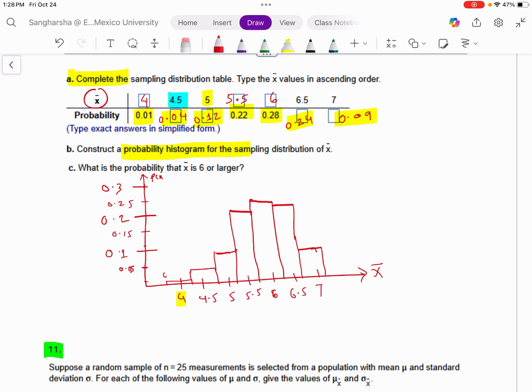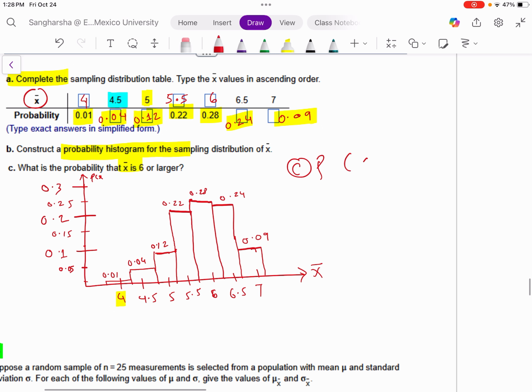So 0.01, 0.04, 0.12, 0.22, 0.28, 0.24, 0.09. Okay, next we are asked to find the probability in part C, the probability that x bar is 6 or larger. It means greater than or equal to 6.